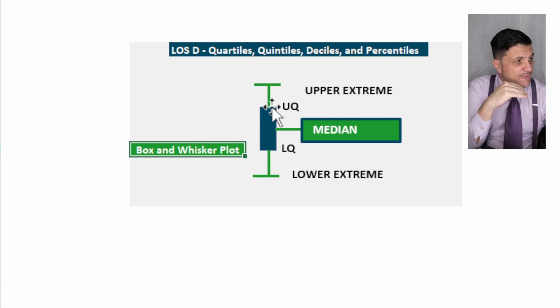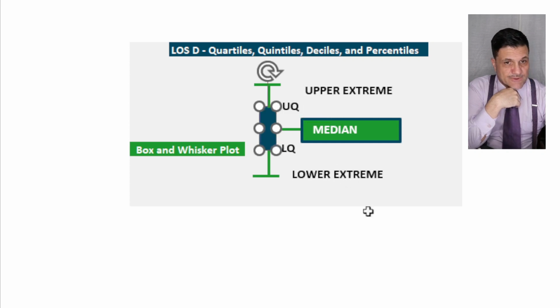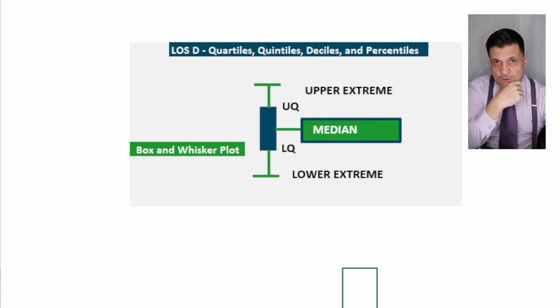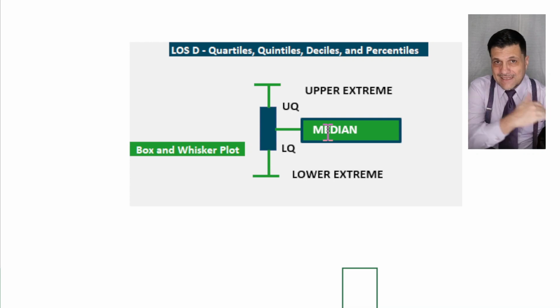The top of the rectangle is the upper quartile, and the bottom of the rectangle is the lower quartile. The difference between the upper quartile and the lower quartile is called the interquartile range. The number right in the middle of that blue box is the median.